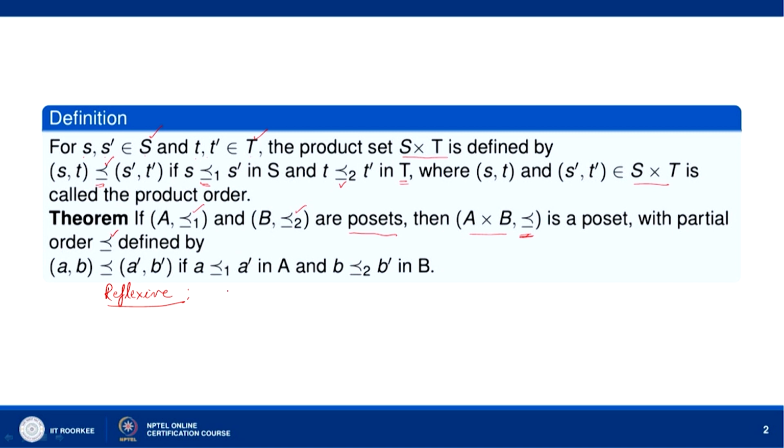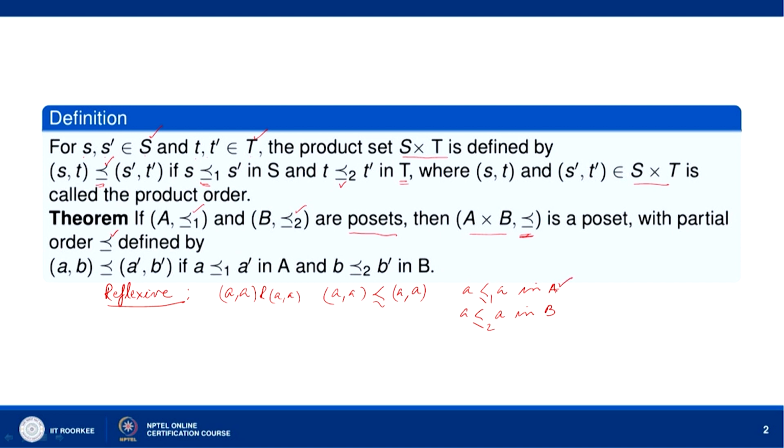We have to show that (a, b) is related to (a, b), that is, a precedes a in A and b precedes b in B. We know that A is reflexive.